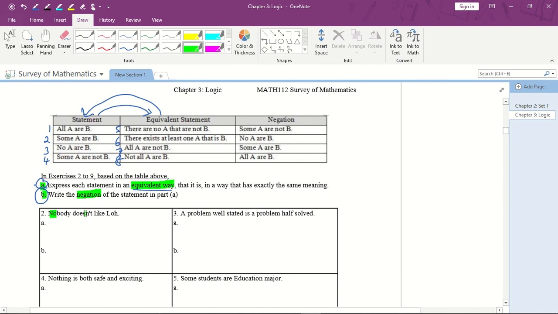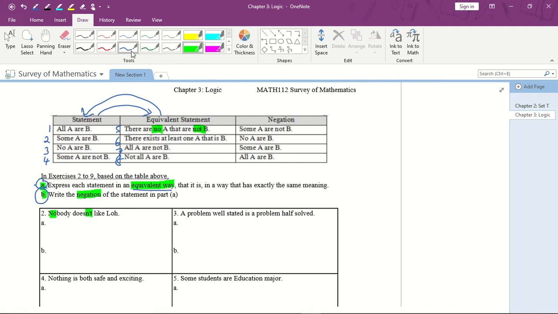So there's another "not" here. Nobody that doesn't like law. So there are two negatives here, which is the same thing as the fifth statement here, "no not." So actually this statement is the same as this statement, just that in terms of grammar, it is written in this way.